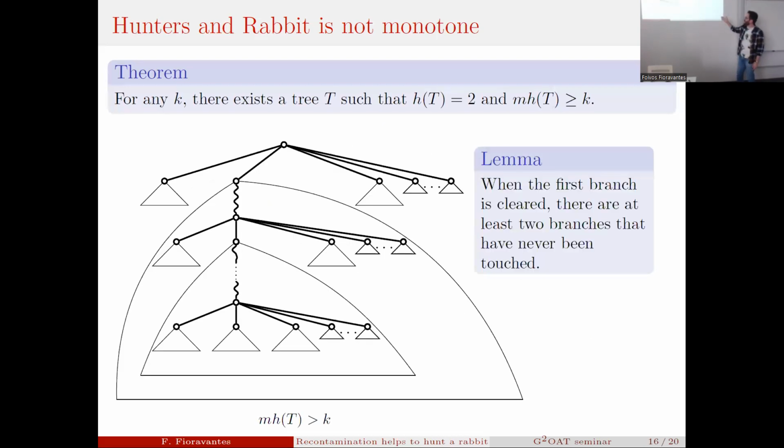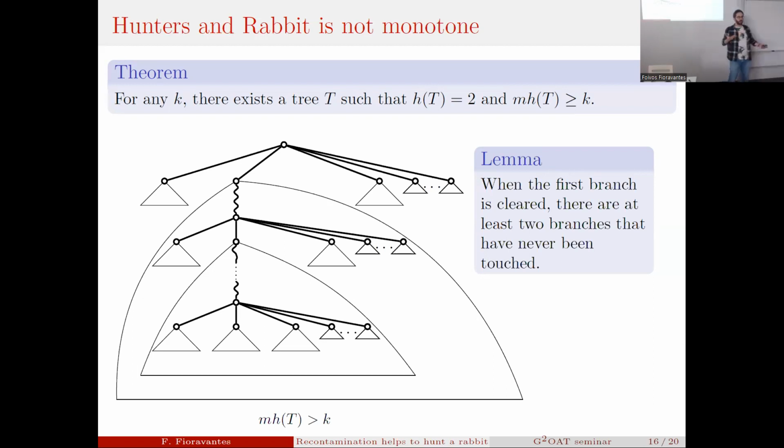Now, why does this graph have monotone hunter number more than k? This is the same graph. It's just that I am also looking inside those triangles. And what we did manage to prove is that, let's say that we have a monotone strategy that clears the graph.